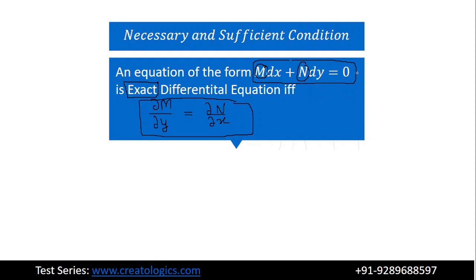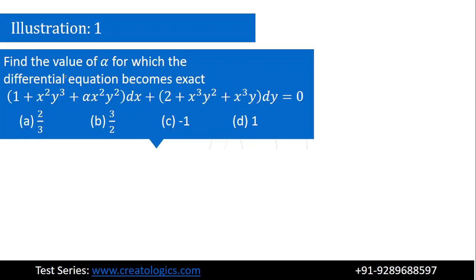Okay, so let's take an example. You need to find the value of alpha for which the given differential equation becomes an exact differential equation. As you all know, this differential equation will be exact if the partial derivative of this, which we can say M, with respect to y becomes equal to the partial derivative of this, let's say N, with respect to x.